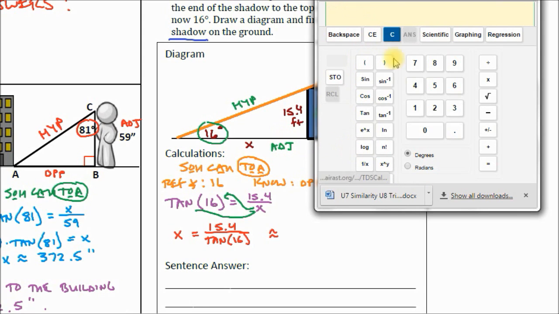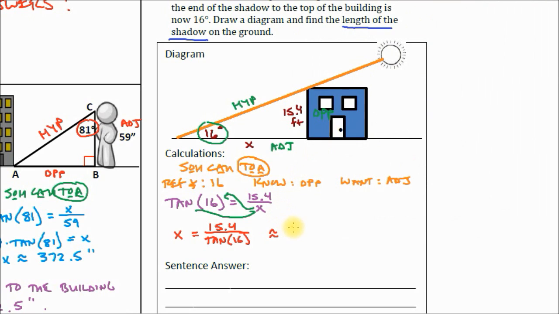Let's do it one more time to check that answer. 15.4 divided by tangent of 16 equals, and the answer is 53.7. So that is the length of our shadow, 53.7 feet.